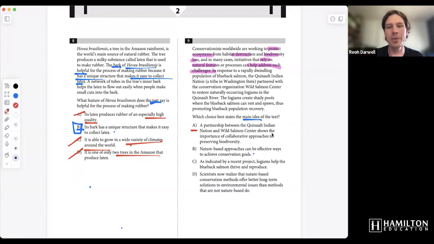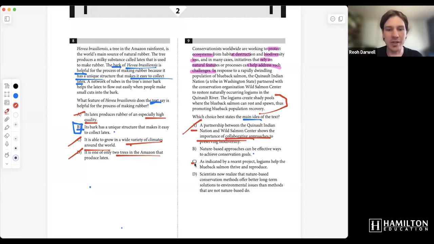No. It proves the main idea, the connection between the Quinault Indian Nation and the Wild Salmon Center. But the importance of collaborative approaches is not the thesis. It's not talked about explicitly in the passage. It can't be the main idea.